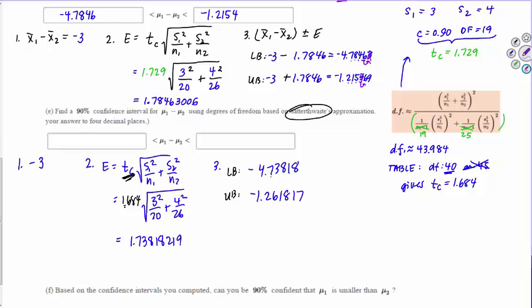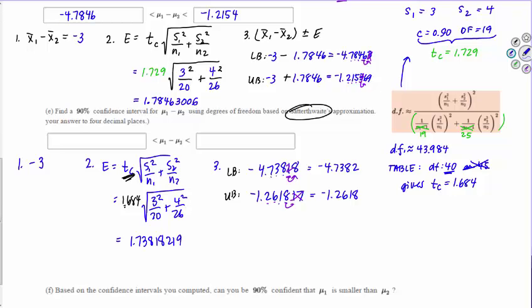To 4 decimal places, 1, 2, 3, 4, the 1 will turn into a 2, and 1, 2, 3, 4, the 8 stays the same. So we see a lower bound of -4.7382 and an upper bound of -1.2618.